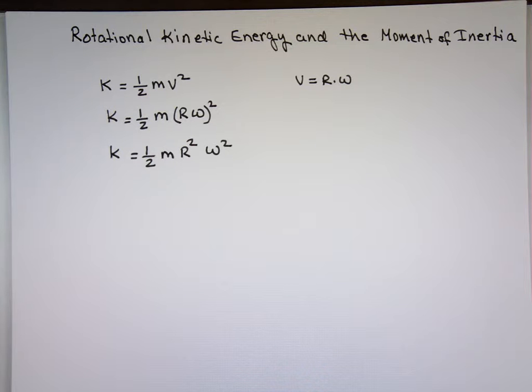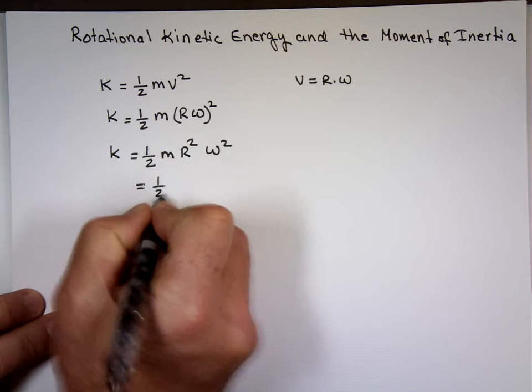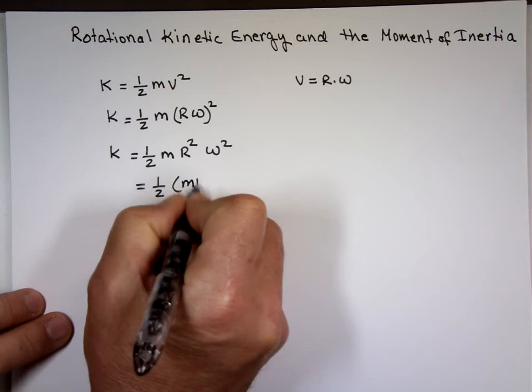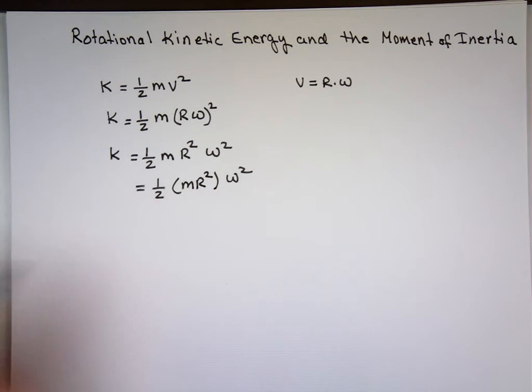Now, let me take mr squared and group them together. Now we have a new term here. It's called inertia.